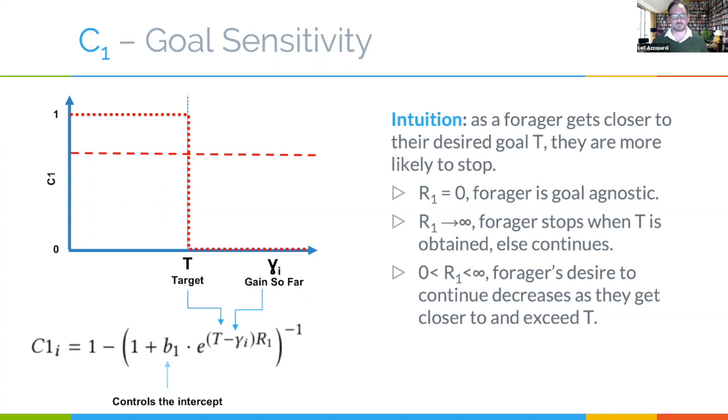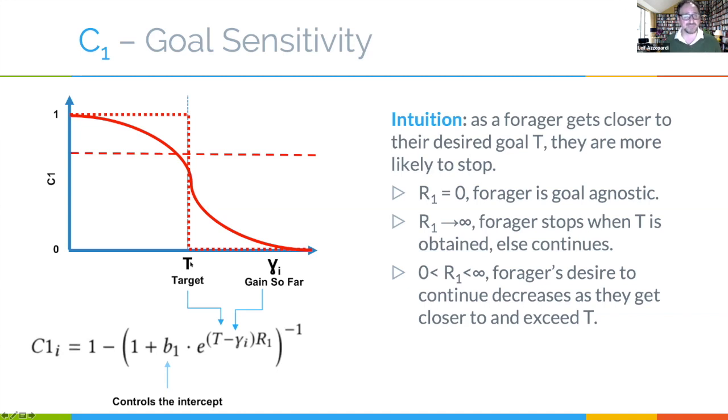In practice, Paul and I in particular debated this and said, well, actually, they're unlikely to really know when they've got their target. Maybe they'll get a little bit more, maybe they're willing to accept a little bit less. And so if you set this R parameter between 0 and infinity, then what you get is this kind of curve shape, which says, as I get closer to the target that I'm looking for, I'm more likely to stop, or less likely to continue.